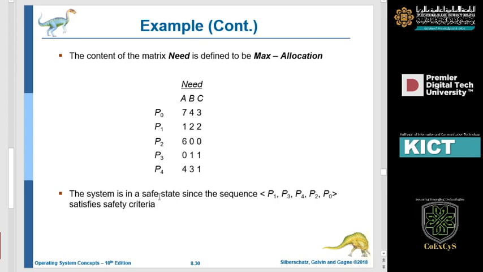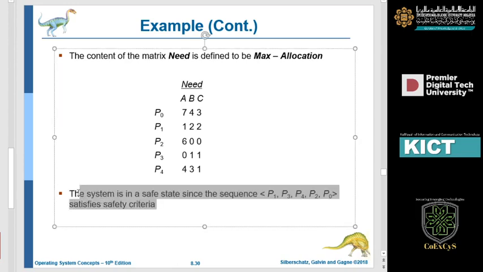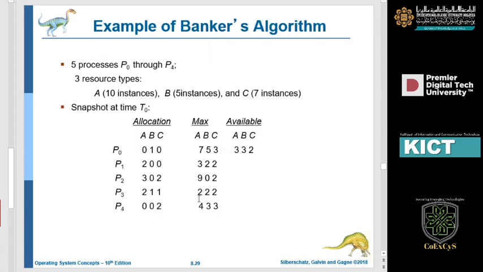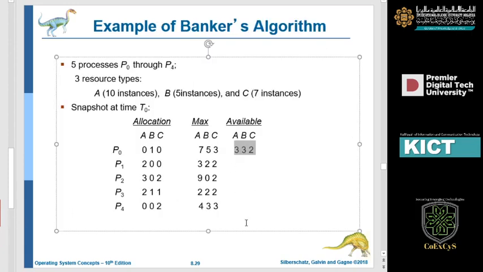So the system is in a safe state since there is a certain sequence that would result in a safe state. So consider this. Right now we have 3 3 2 that is still available, with what is currently allocated and what is currently needed.